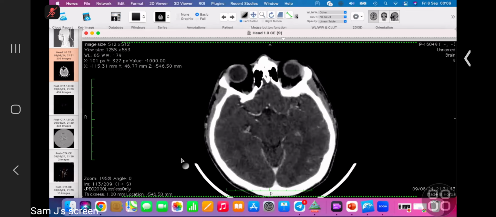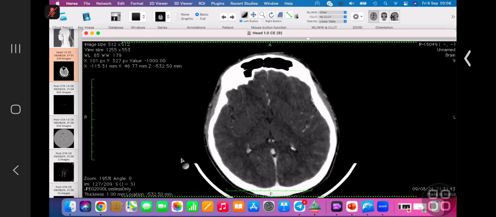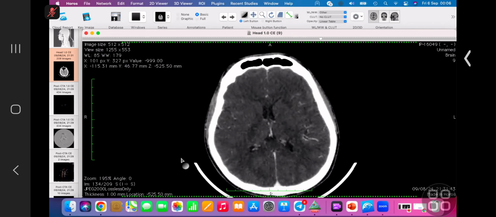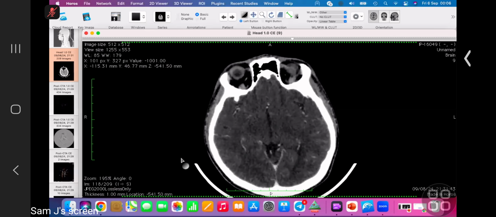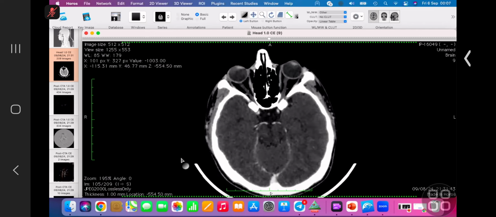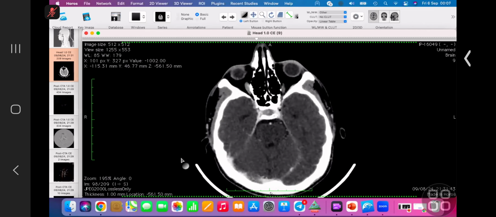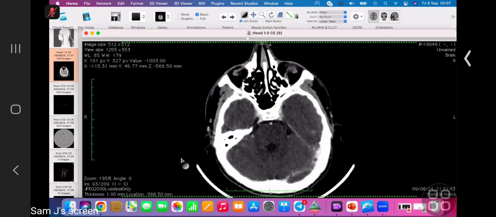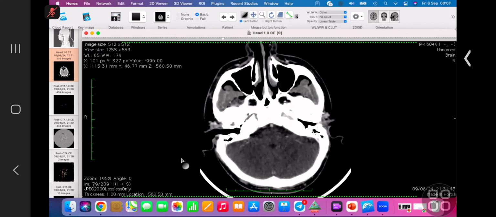So I can see the posterior cerebral artery is there. Okay. Look at the vessels very carefully. What do you think?